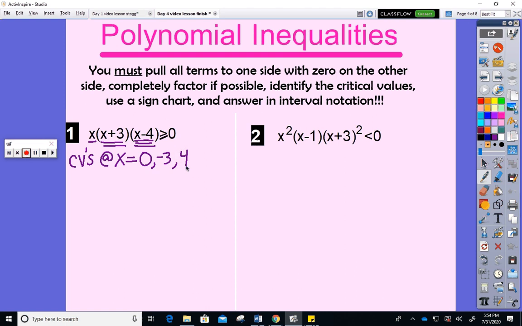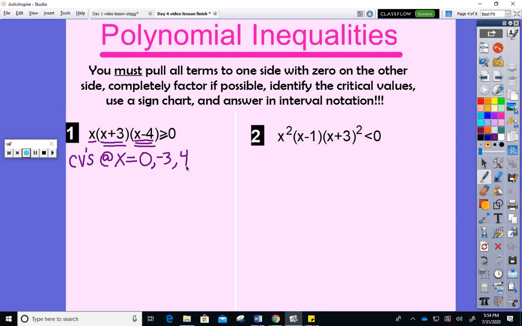So if I had said x times x plus 3 times x minus 4 equals 0, you would have said those were the three x-intercepts. But when they're inequalities, we're going to call them critical values. You will learn more about why we call them critical values in calculus. For now, I'm just going to borrow that terminology so that next year it feels familiar to you.